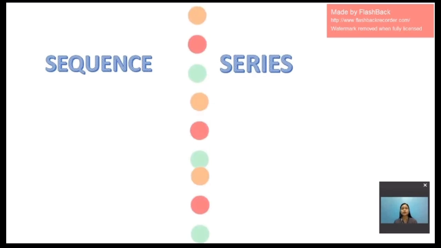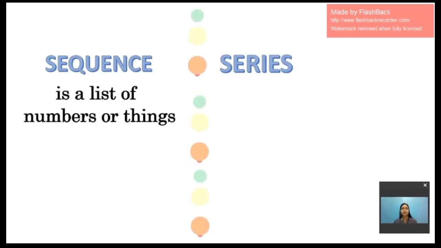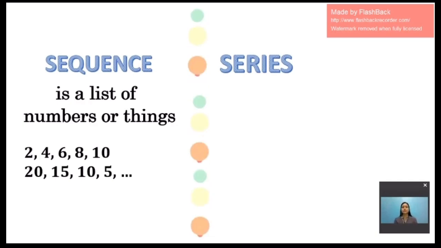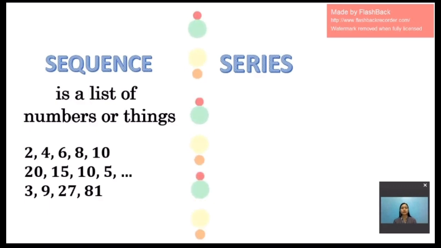In your previous lesson, a sequence is defined as a list of numbers or things. Say for example, you have 2, 4, 6, 8, 10. Another example, you have 20, 15, 10, and 5. Another example, you have 3, 9, 27, and 81.